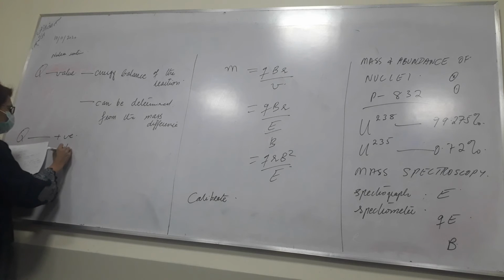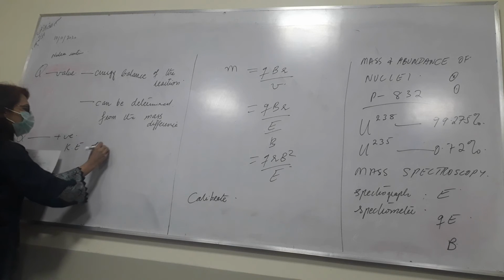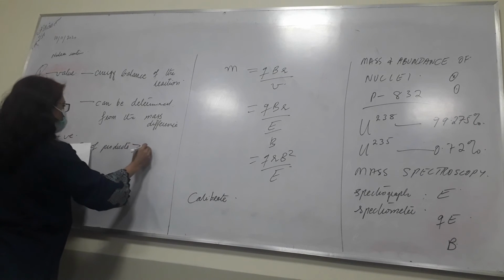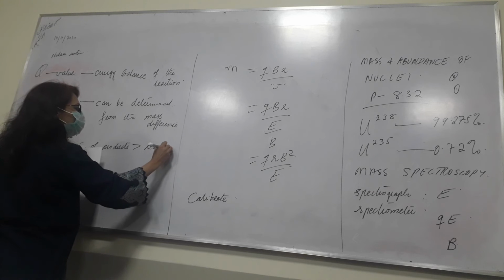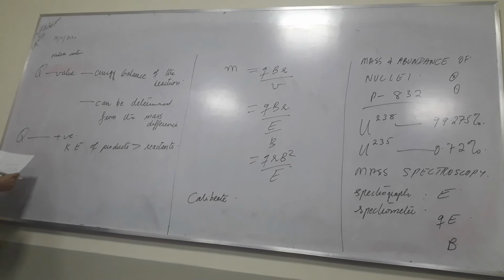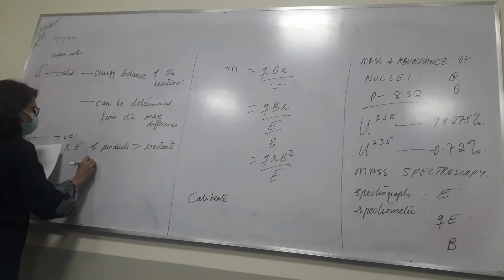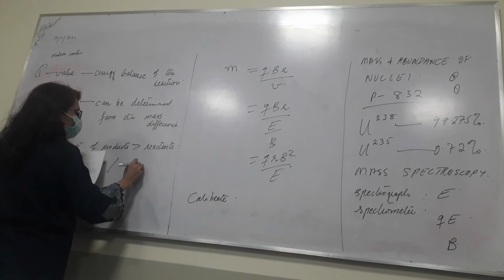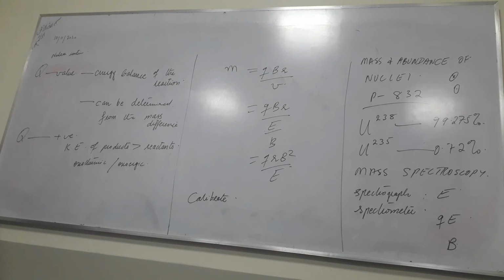Q positive means the kinetic energy of products is greater than the kinetic energy of the reactants. This reaction is then known as exothermic or exoergic. Exothermic comes from thermal energy, heat. Most of the time the energy is released in the form of heat, but in some books they also write exoergic, from energy, whatever the energy kind is.